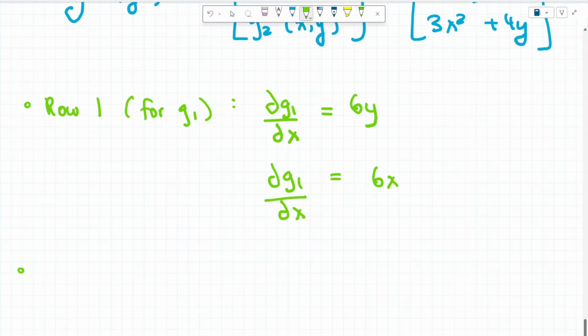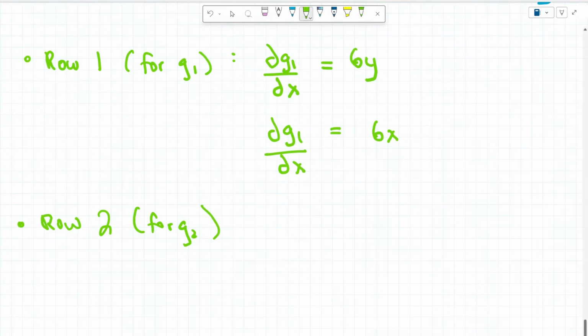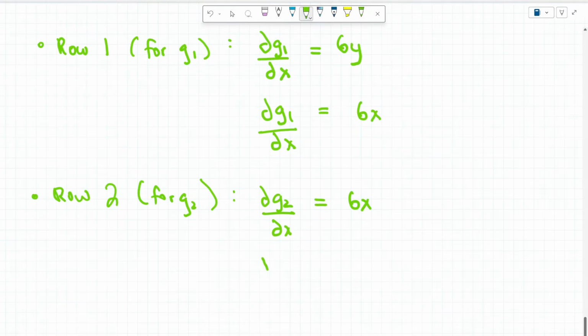And then now let's work on our row 2. We're solving for our g2. So we're going to do the same thing. Here we have the derivative of g2 with respect to x, which will give us 6x. And then we have dg2 with respect to y, and this gives us 4.